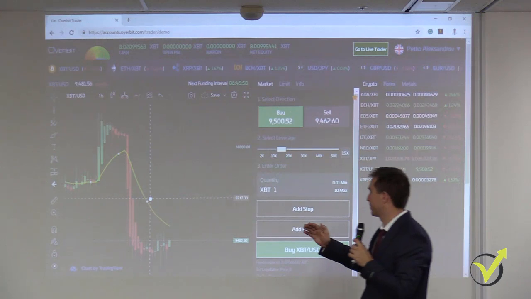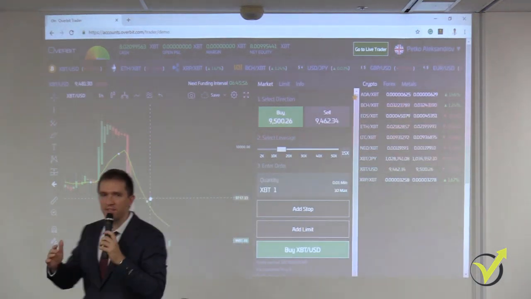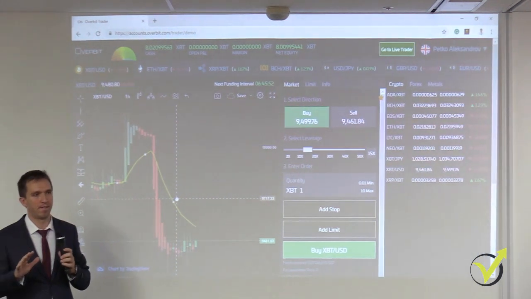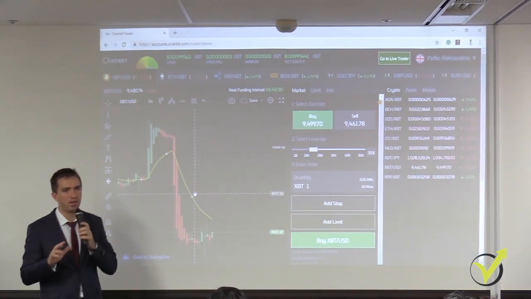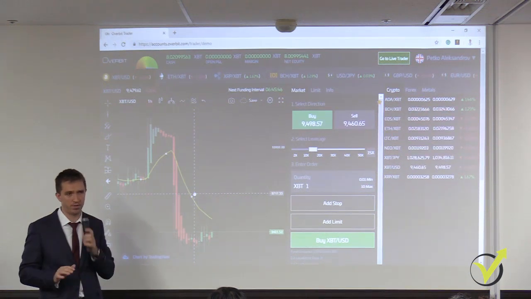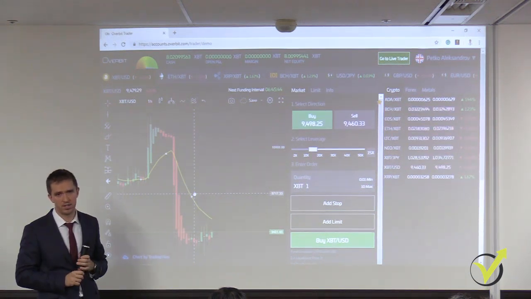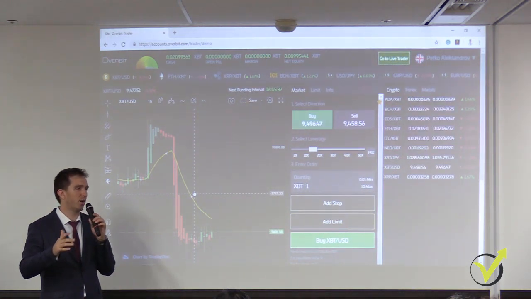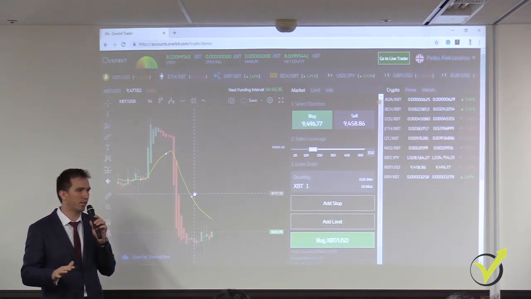Now, these lines and indicators are nothing complicated. There is simply a formula behind that you don't really need to know. I was studying these formulas when I was studying in London, but I really don't need them.